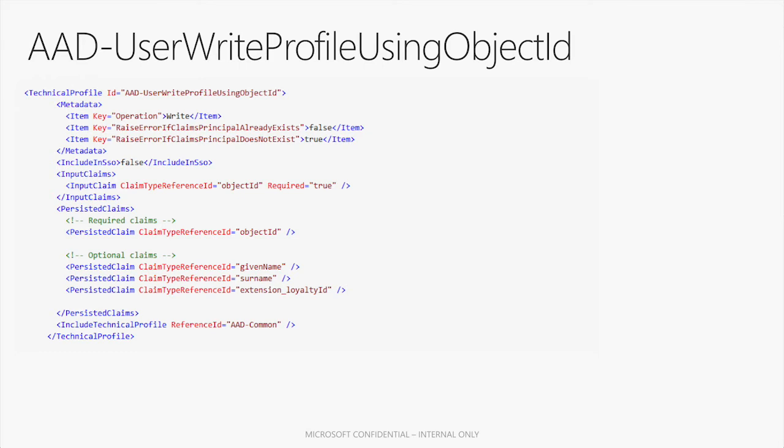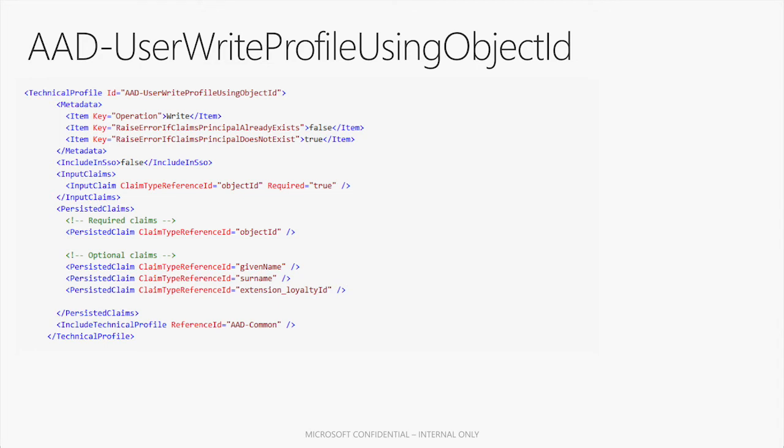Yeah, I think that's a good point. The question is what happens when there is a response from a validation technical profile, and what happens when there is a failure versus success. So in Ronnie's demo, he showed this validation technical profile, let's go back.